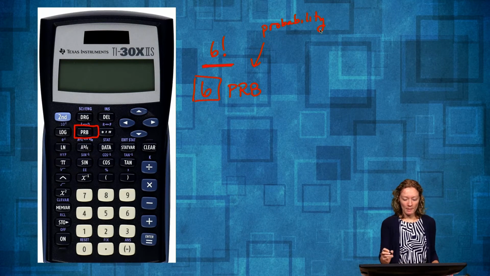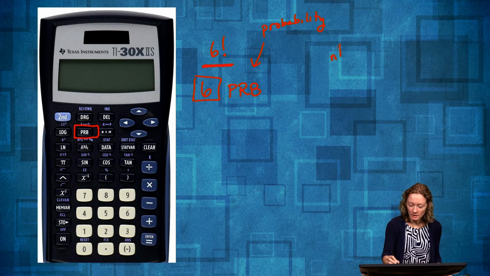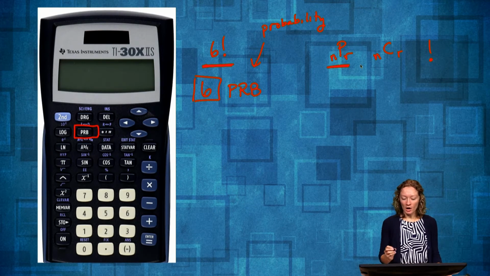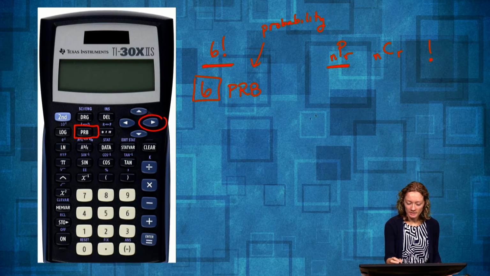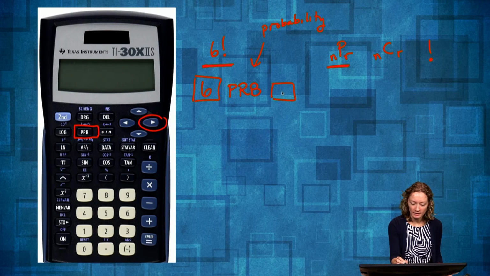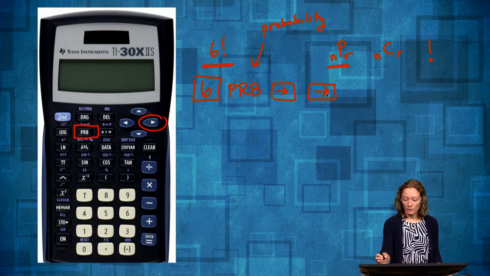And then what you'll see show up are three options, in this order. It's going to initially underline NPR. You just use the arrow to the right to move over and choose the one that you want. So you would hit NPR, then you would hit arrow, arrow. It will then be highlighted under the exclamation mark, which is your factorial.